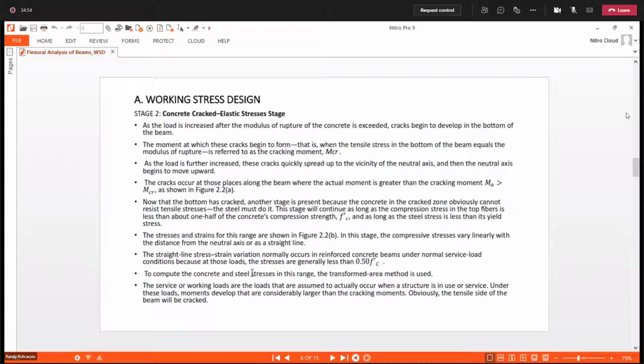Okay, in the determination of the stresses in our concrete under crack stage, yung ating mga stresses sa concrete is still they are less than 0.5 F prime C, no?